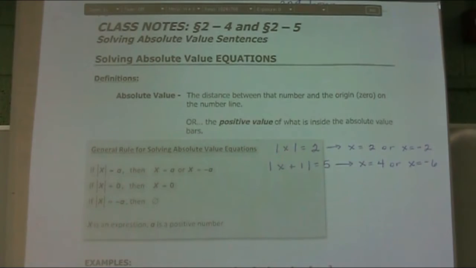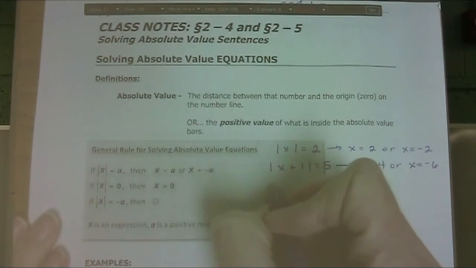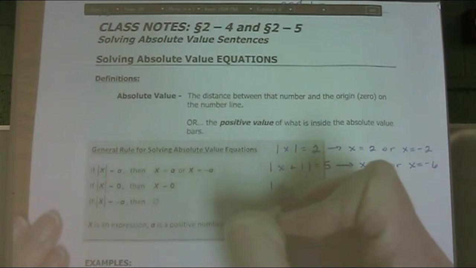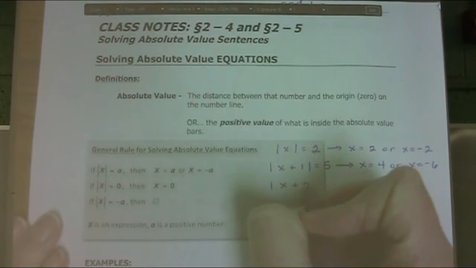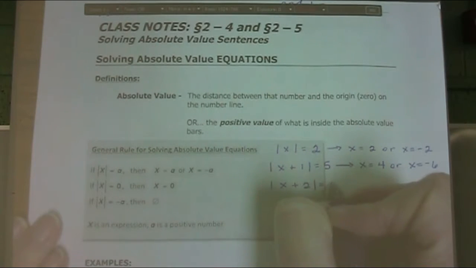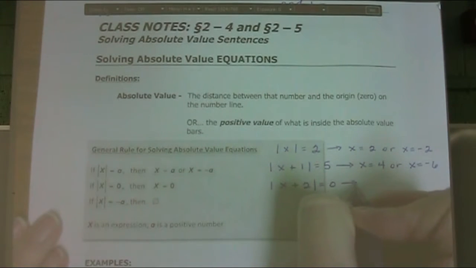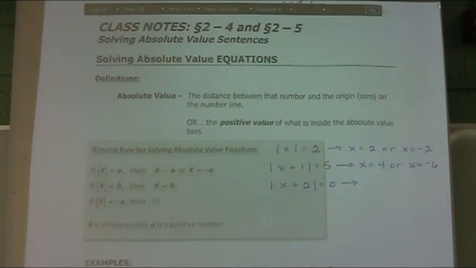But that's just if it equals a positive number. So let's look at something for a minute. What if absolute value of x, let's make it this way, plus 2 equals 0. What can x be?